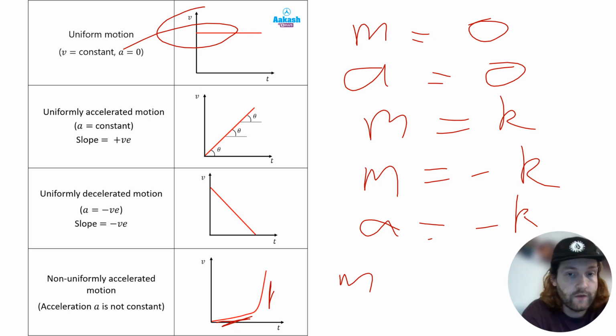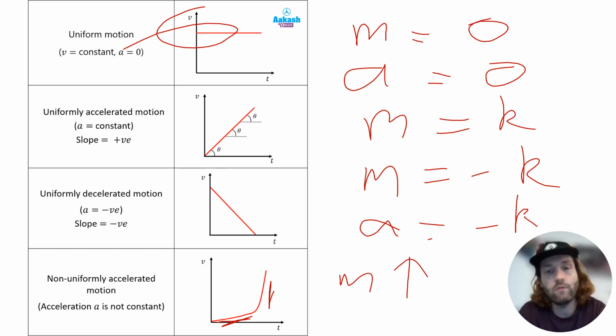Okay, so gradient is increasing. Gradient represents acceleration. So what have I got there? I've got an increasing acceleration. I've got jerk. Yeah, I've got the next derivative of displacement in time. I've got jerk. Right?